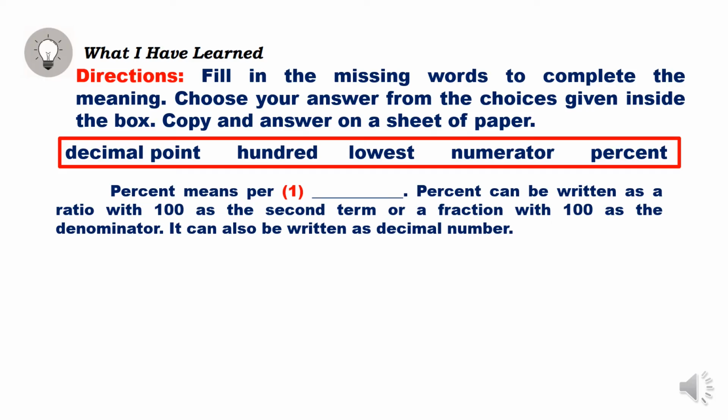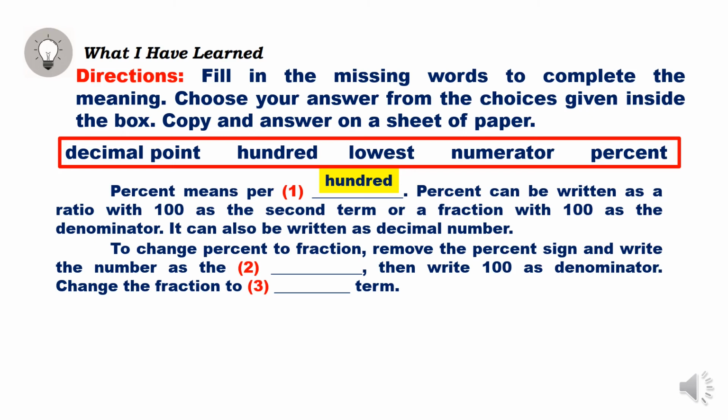So let us answer number 1. Percent means per 100. Percent can be written as a ratio with 100 as the second term or a fraction with 100 as the denominator. It can also be written as a decimal number.